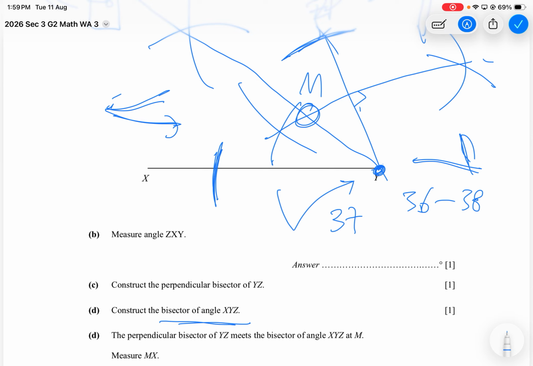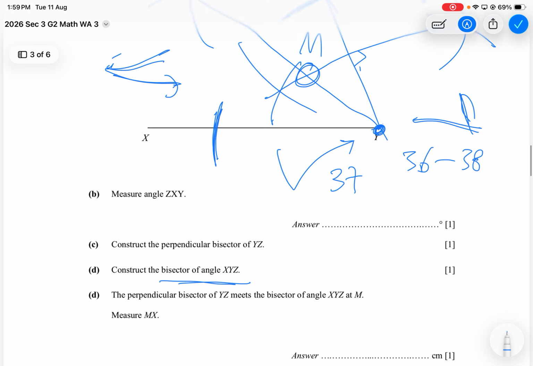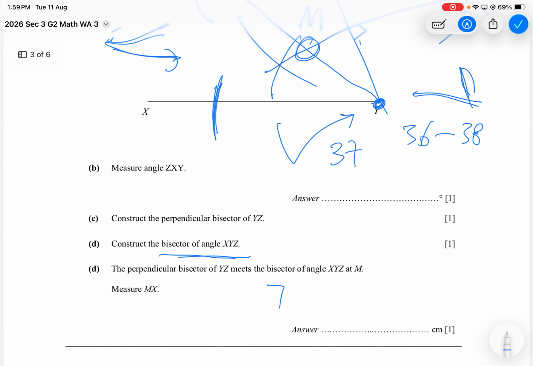Like that only. Okay? And then you should get 7.2. Again, we accept 7.1 until 7.3, if you are accurate enough.